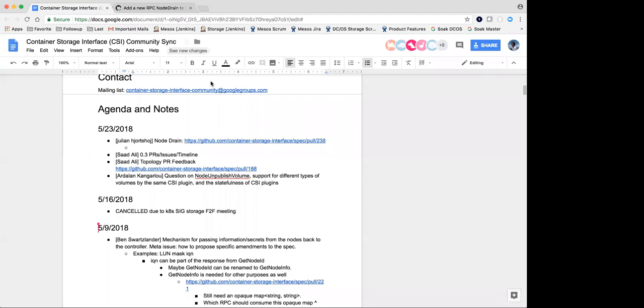But it stops there, right? And there's no mechanism to reconcile with the node state. So I'm wondering if node drain is trying to really tackle this problem of state drift between the CO and the plugin, and maybe there's a more general mechanism that we could come up with.